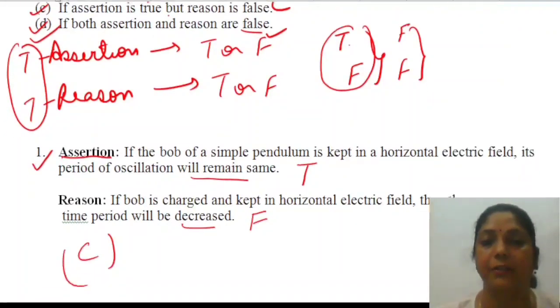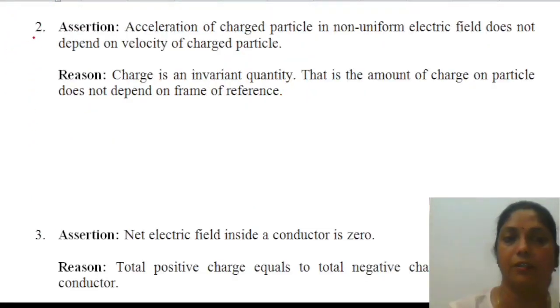Next, question number 2. Read the assertion very carefully: acceleration of a charged particle in a non-uniform electric field does not depend on the velocity of the charged particle. What is the formula for acceleration?